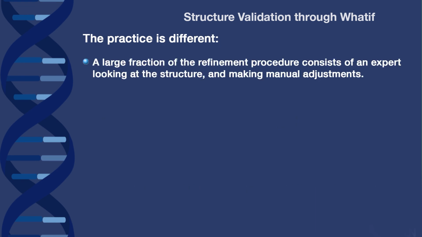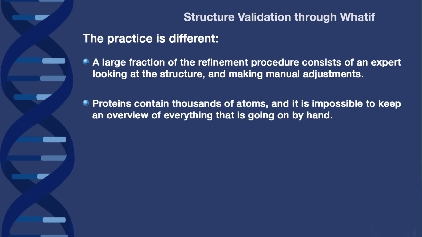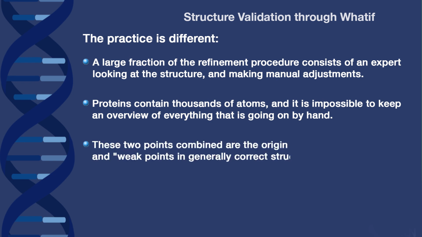A large fraction of the refinement procedure consists of an expert looking at the protein structure and making manual adjustments. Hence, a protein contains thousands of atoms and it is impossible to keep an overview of everything that is going on by hand. These 2 points combined are the origin of incorrect structures and weak points in a generally known as correct structure.